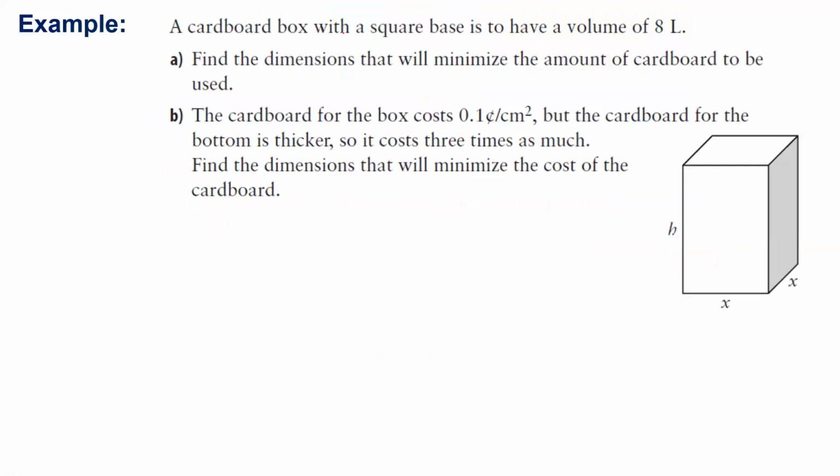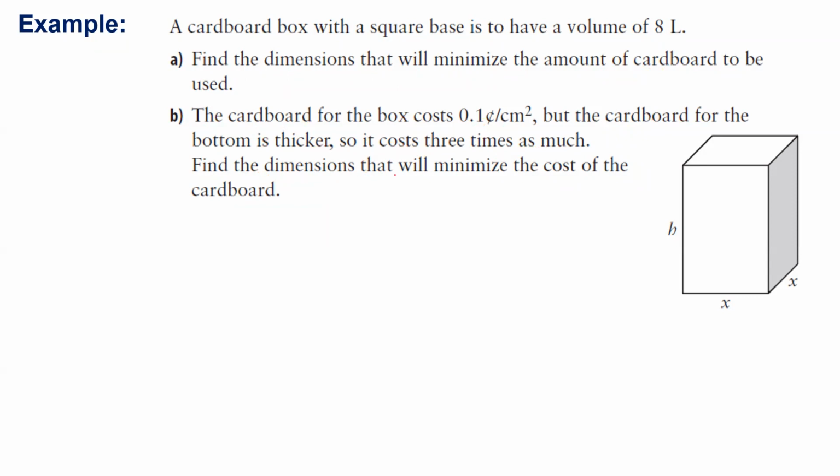Suppose we have a cardboard box with a square base that is to have a volume of 8 liters. Question A, find the dimensions that will minimize the amount of cardboard to be used. Question B, the cardboard for the box costs 0.1 cents per square centimeter, but the cardboard for the bottom is thicker, so it will cost 3 times as much.